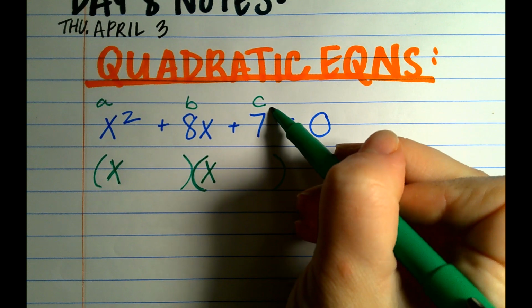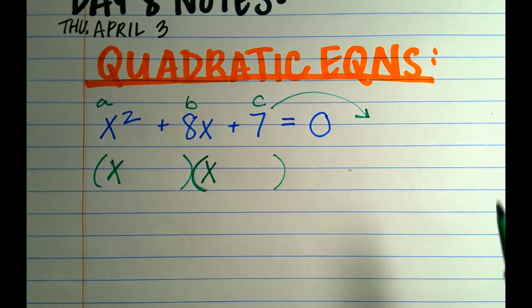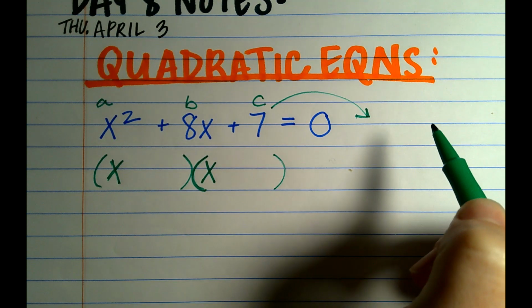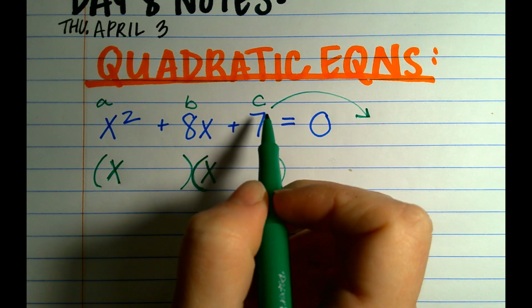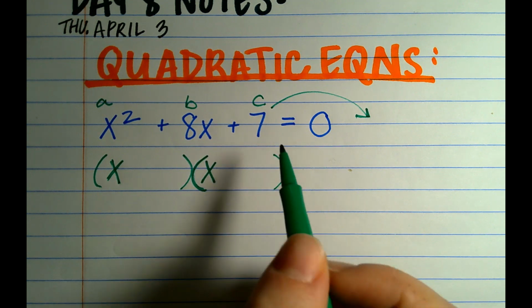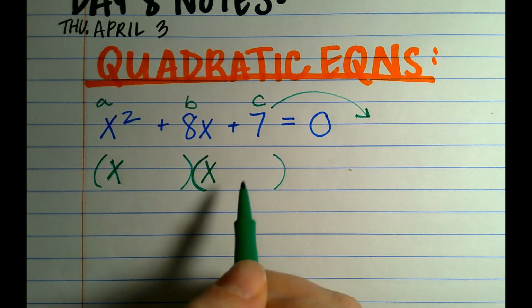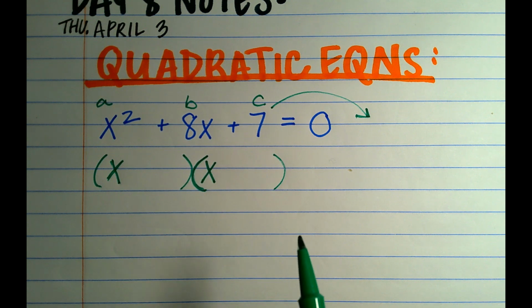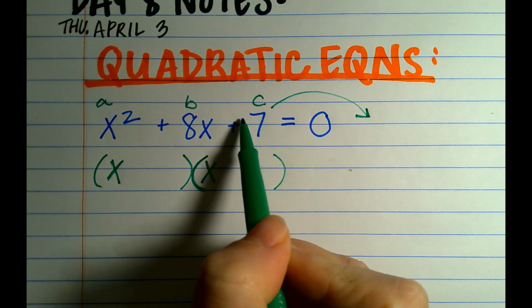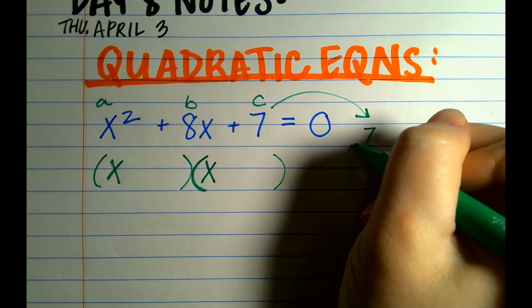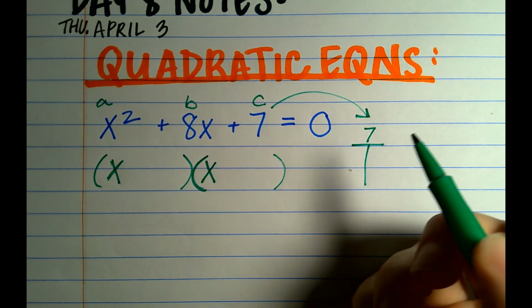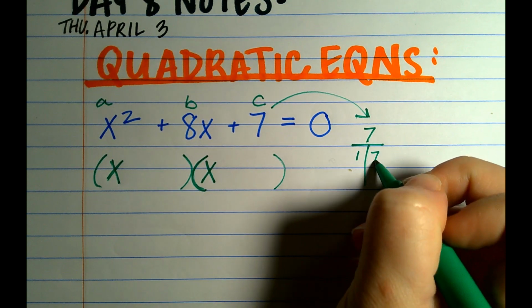Now, what am I about to do? Factors of C. Now we need to figure out what numbers go in the parentheses. We need 2 numbers that when I multiply them together, we get 7. When I add them together, they should be 8. So factors of 7 are 1 and 7, 7 and 1.